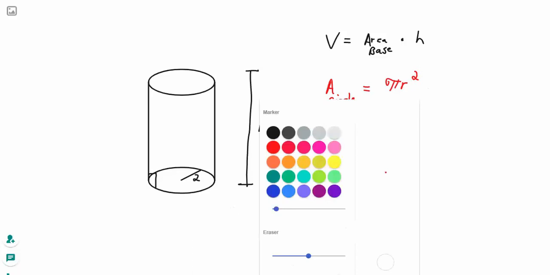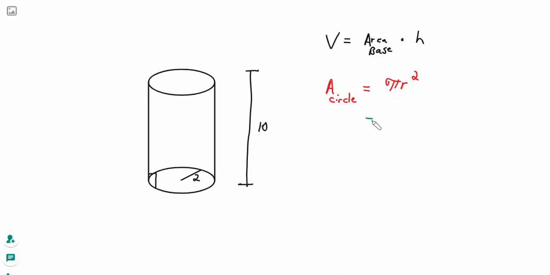So now we can start plugging things into this, and we'll say that this is going to equal r, which is what? That's given to us. It's a 2. So it's going to be pi times 2 squared, which of course is equal to 2 squared is 4 pi. And I'm just going to leave it like that for right now. So that's the area of the circle.